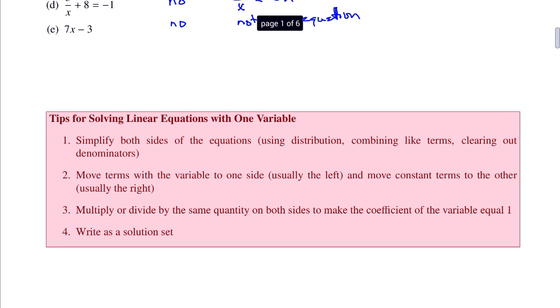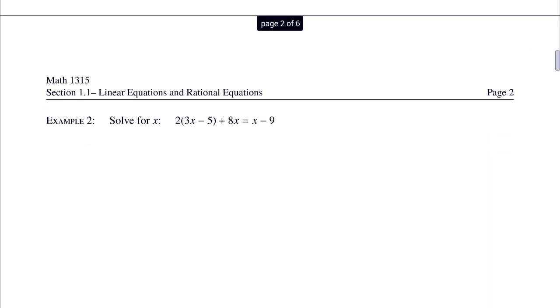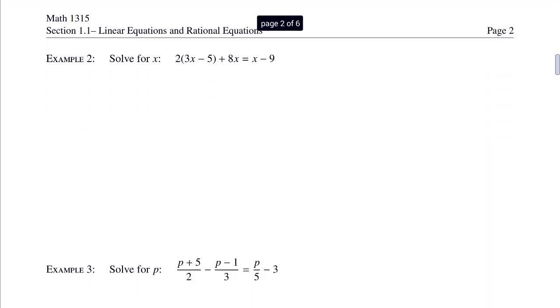Let's look at example 2. Solve for x. 2 times (3x minus 5) plus 8x is equal to x minus 9. The first step in solving this equation, I'm going to distribute the 2. So 2 distributes to the 3x, and it distributes to the 5.